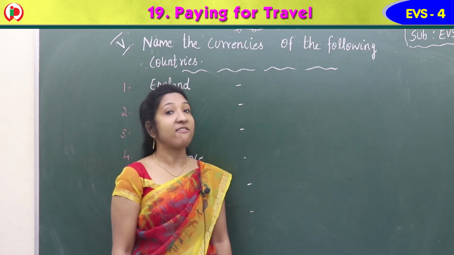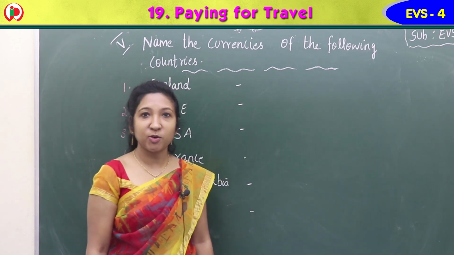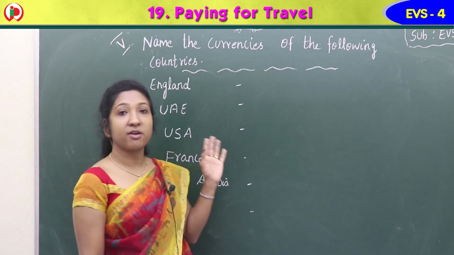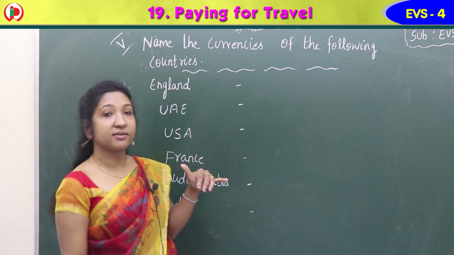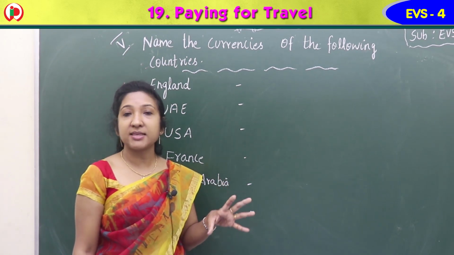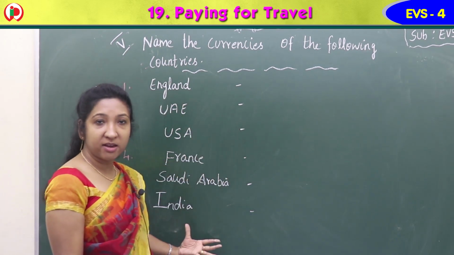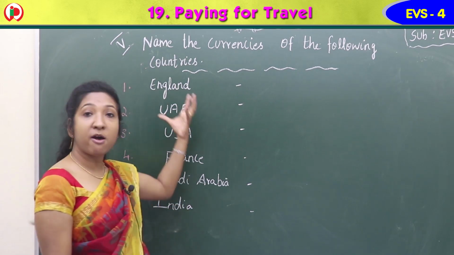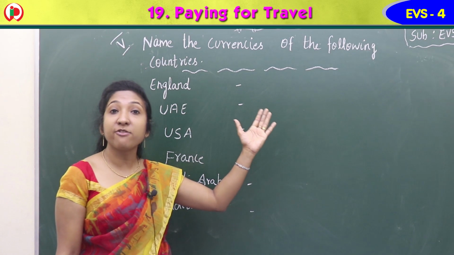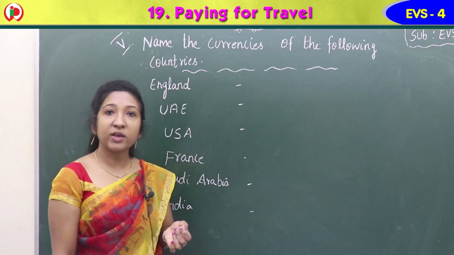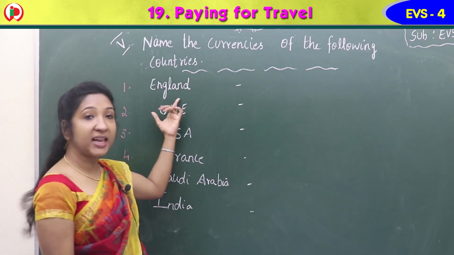Yes, children. So our next exercise in the workbook is exercise 5. Name the currencies of the following countries. Name of 6 countries are given. You have to write the name of their currencies. So first one is England.